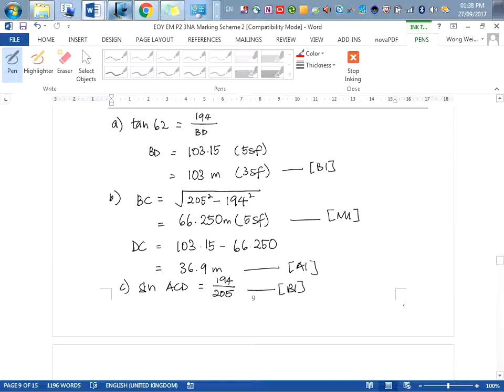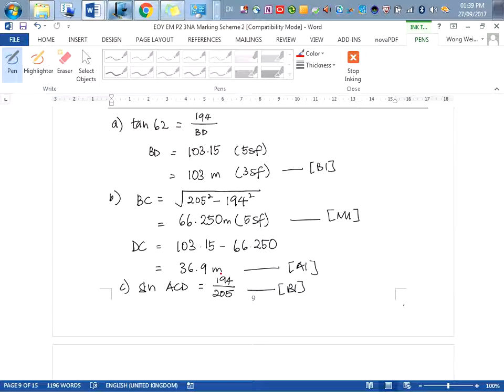Find BD. BD is 103 meters. Or what's wrong? Part C. Part C. Oh yeah, you should. Wait. Find sine ACD. Now, if you left it in decimal, then it is no longer exact. So I still want it in fraction. Great, calculate yourself.